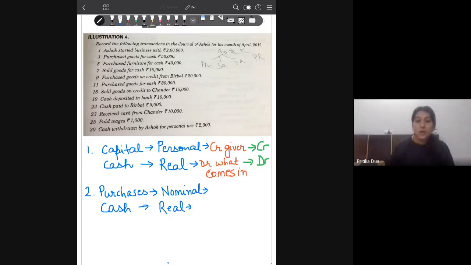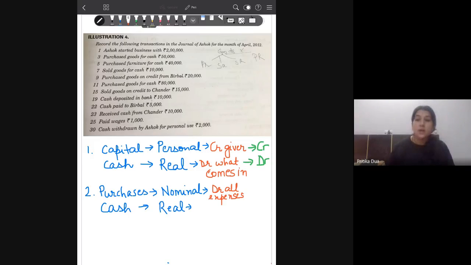For nominal account, the rule is debit all expenses and losses. So purchase is an expense for the business. Cash account is a real account: debit what comes in, credit what goes out.